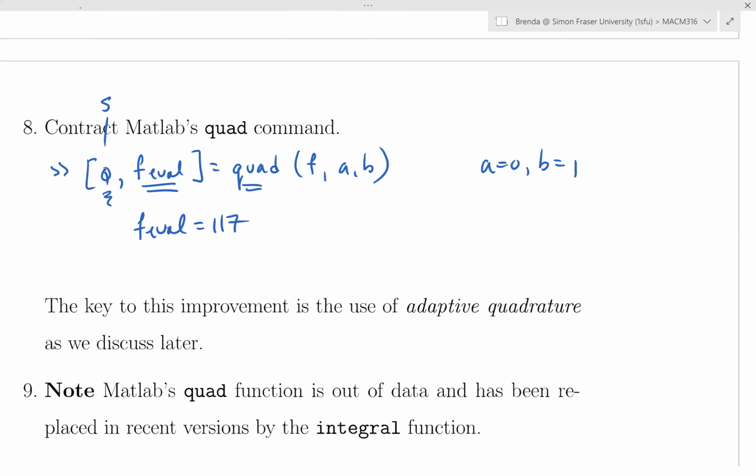That's a lot less than 10,000. Then you can calculate the error. The error was already down to 10 to the minus 8. So how come it does that? The idea is to use adaptive quadrature.